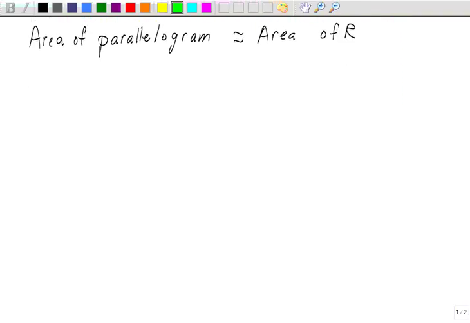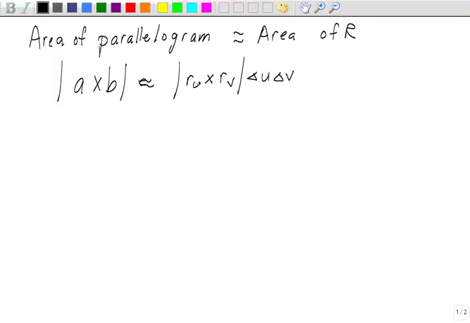The area of this parallelogram is the magnitude of a cross b, which is r_u cross r_v delta u delta v, because a is approximately r_u times delta u, and b is approximately r_v times delta v.